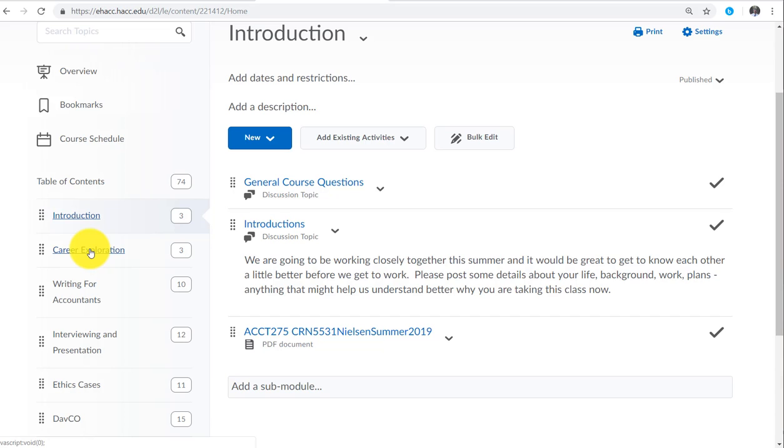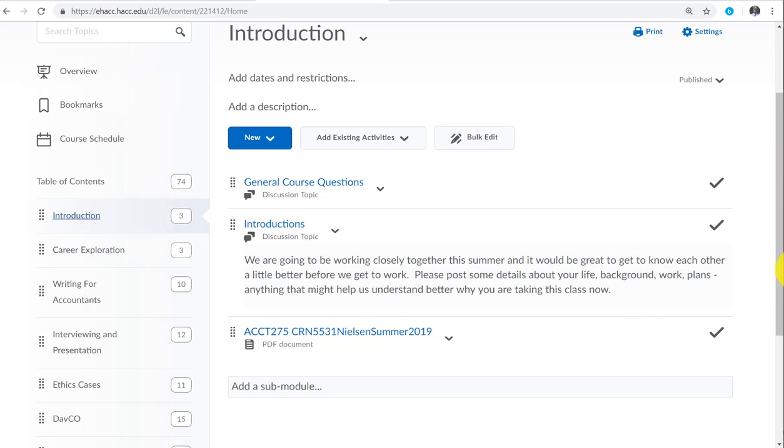We don't expect it to take a huge amount of their time, but we do want you to have some contact and interaction with those that are already working in the field of accounting, who have been where you are right now and have now gone on to work in accounting in various ways. So that will all be in the career exploration module when we have that completely figured out, which will be the first week of classes.